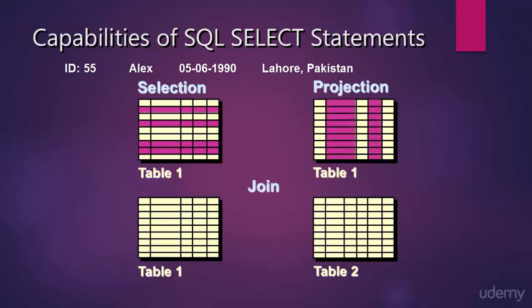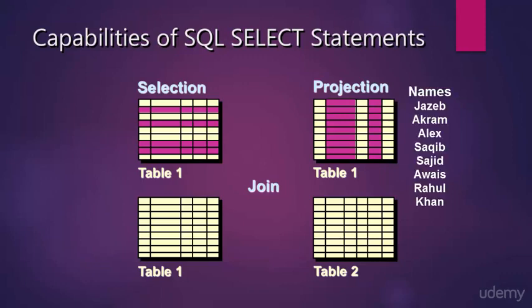Now projection works in quite a different fashion. In projection, we select columns, not rows. So we can think of projection as selecting all the names in our table or selecting all the addresses of our table. Now what if you have two tables and you want to see the combination of them?